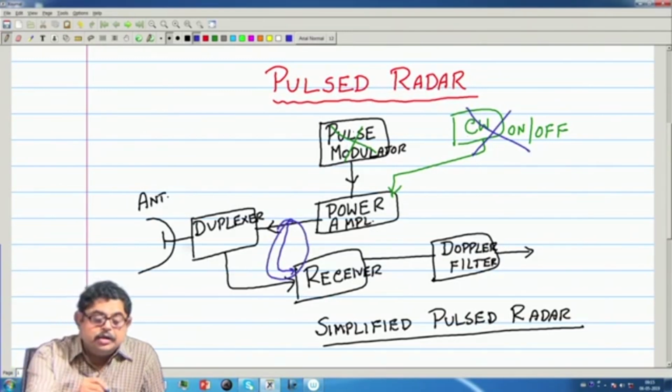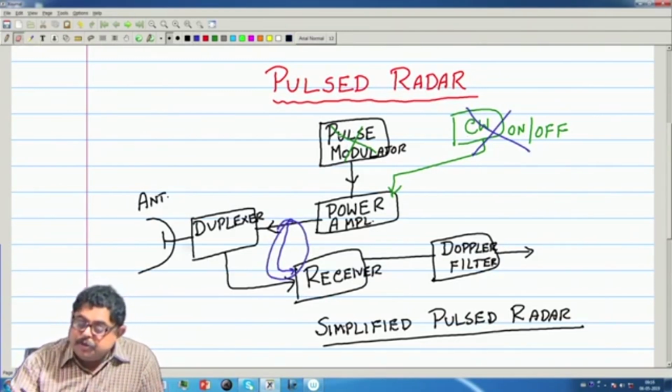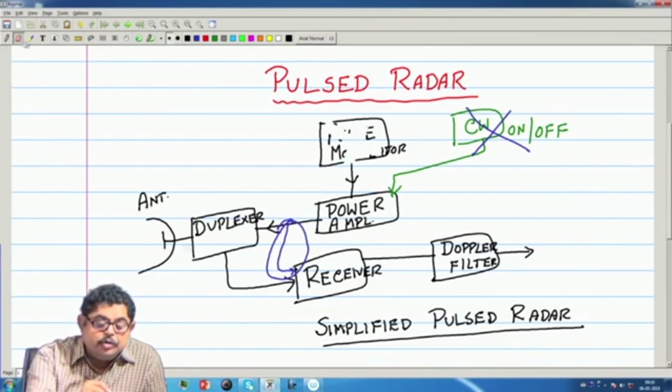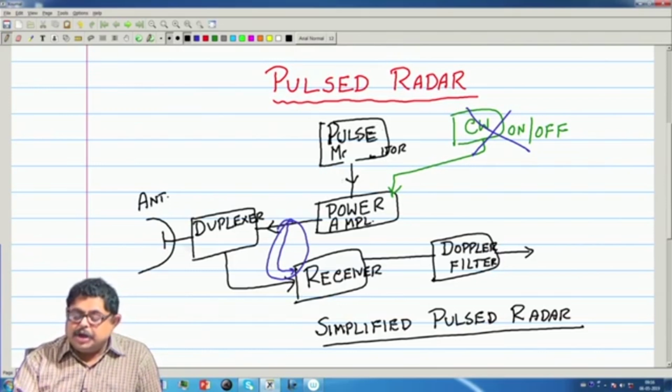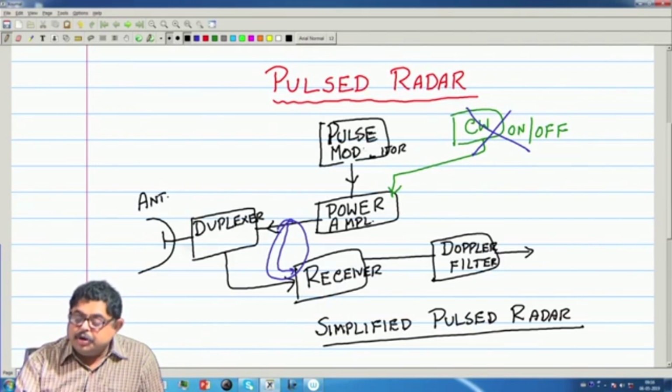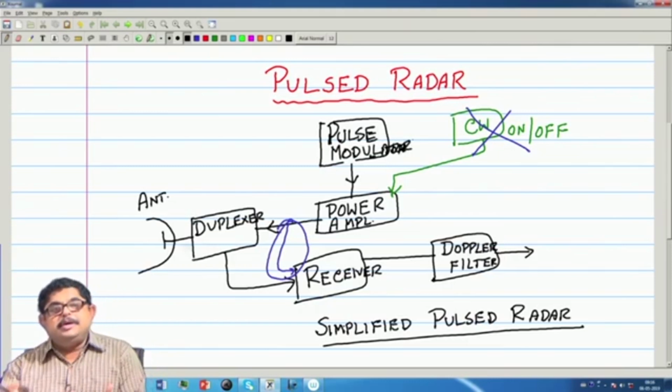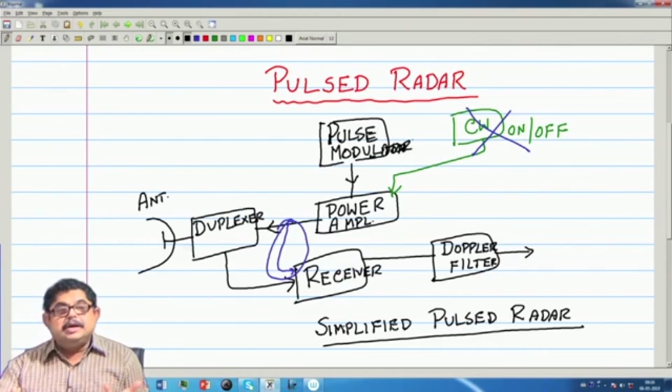So, this was the correct scheme, that there should be a pulse modulator, because if I do it with CW on off, during off time the problem will be that the receiver won't get any replica.